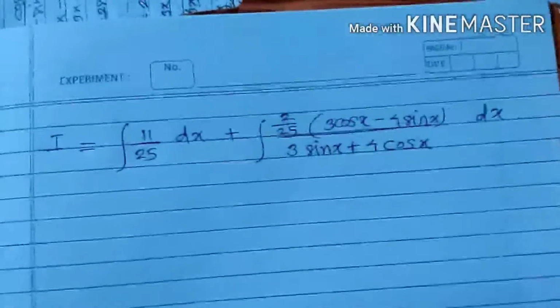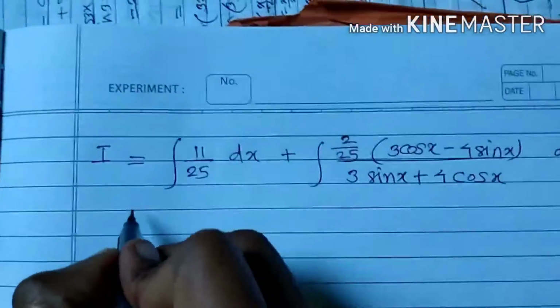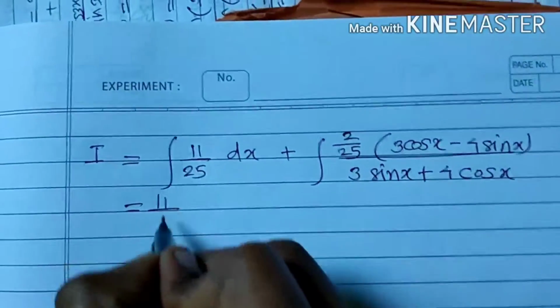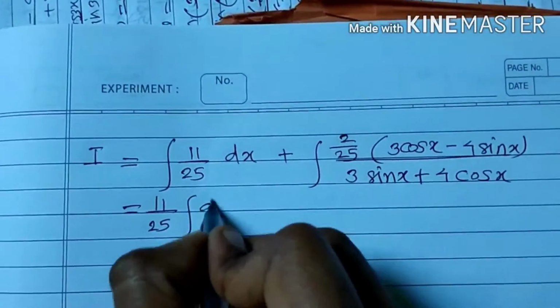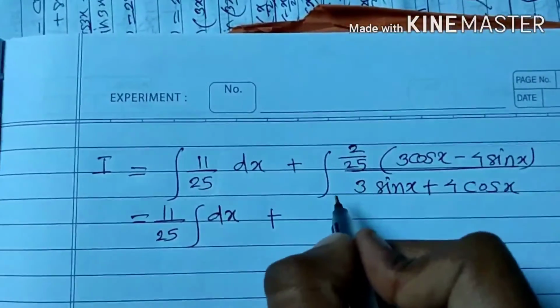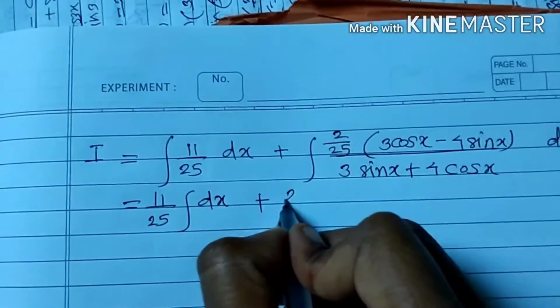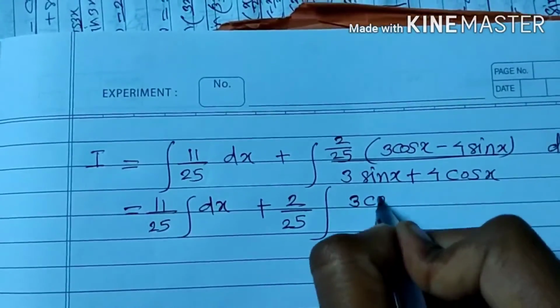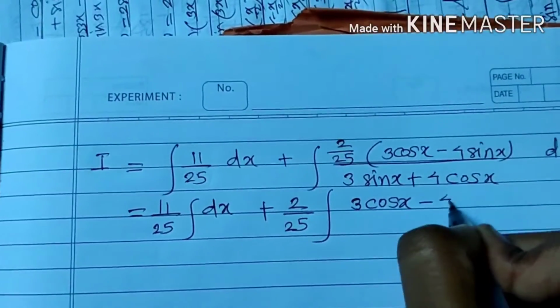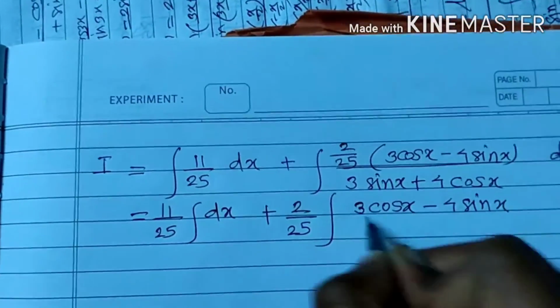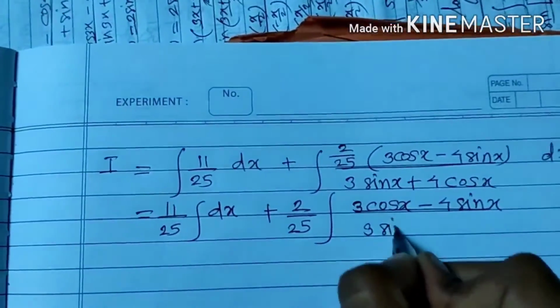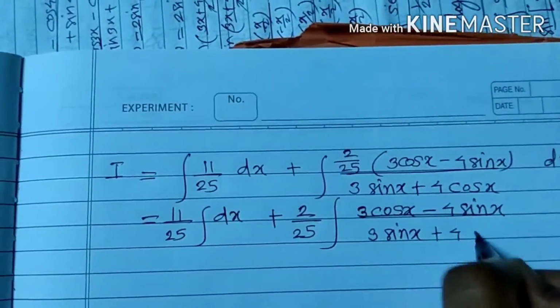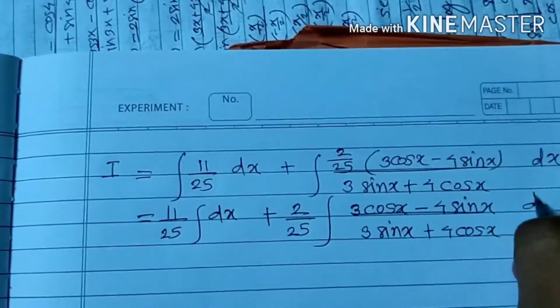So 11 upon 25 is a constant, take it outside of the integration, so it will become 11 upon 25 integration of only dx, plus 2 upon 25 is a constant, take it outside of the integration, so it will become 2 upon 25 integration of (3 cos x minus 4 sin x) upon (3 sin x plus 4 cos x) into dx.